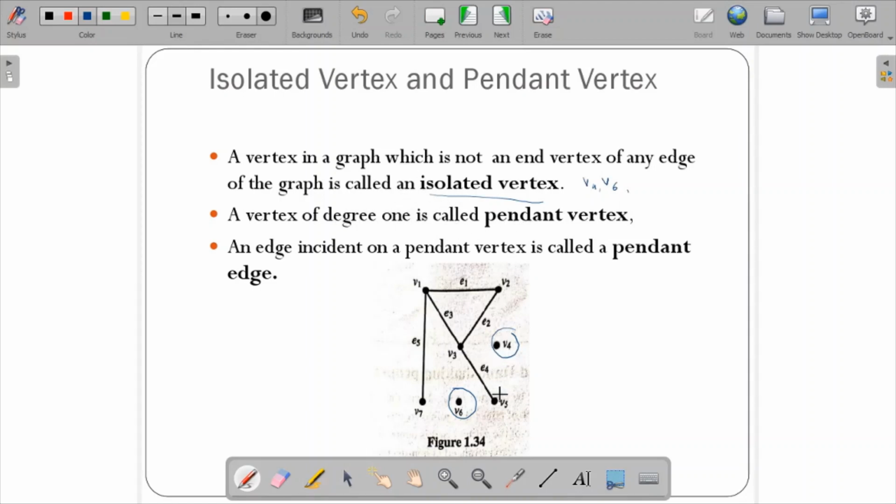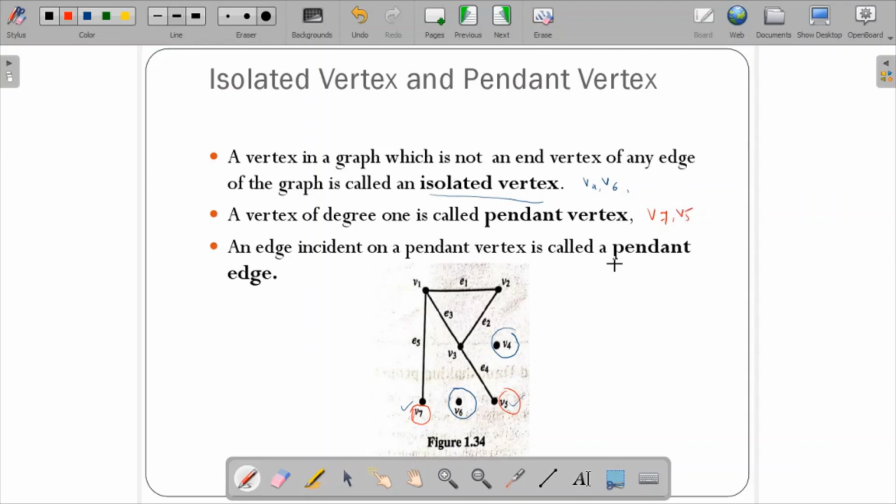Then we have the pendant vertex. A pendant vertex is one which has only one edge, so over here you can see V5 as well as V7. A vertex of degree 1 is called a pendant vertex. So in this diagram V7 and V5 are the pendant vertices.